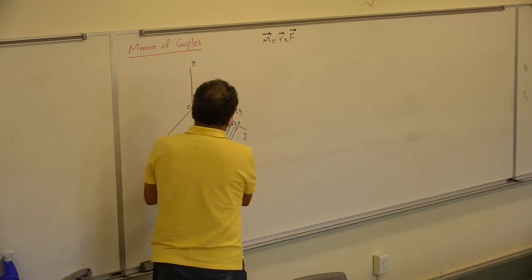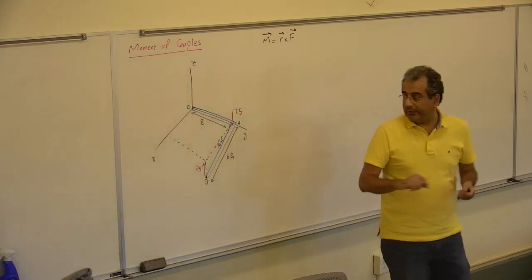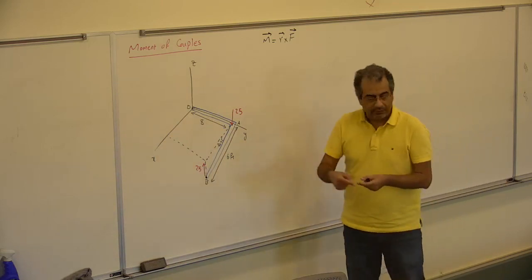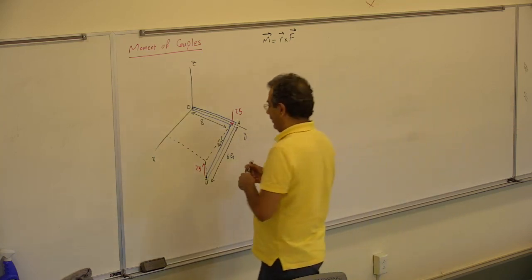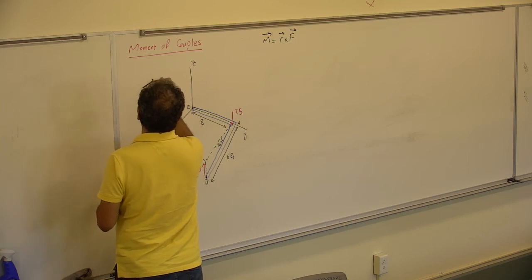Assuming it's a couple, so I have a couple. If I have a couple, the moment from them is going to be one of the forces times the R that connects the two forces. Remember? So if I have a couple like that in 3D, there is an R going from one of them to the other one.